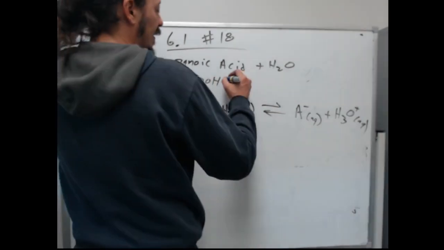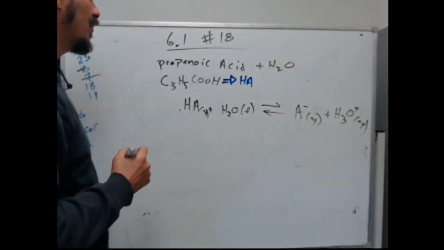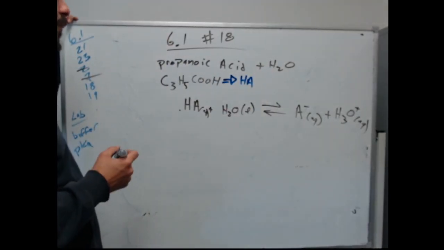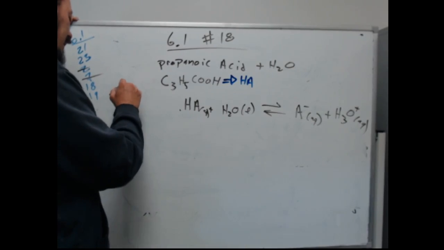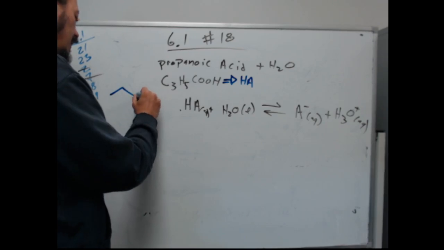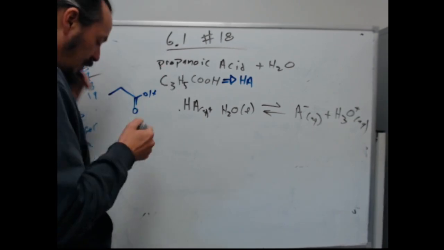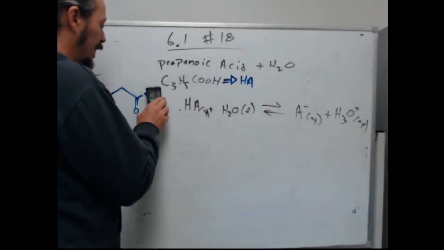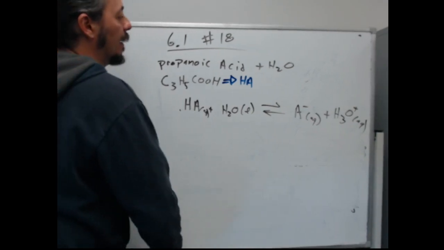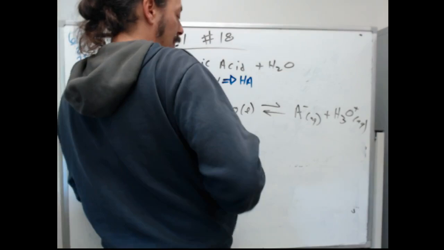So in this case, that C2H5COOH, that's propanoic acid. Let me double check that real quick. One, 2, 3, 4, 5. Yep, good. Just wanted to double check my Lewis structure. And then I'm going to have my A minus.